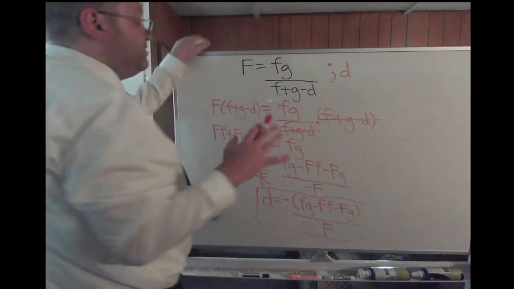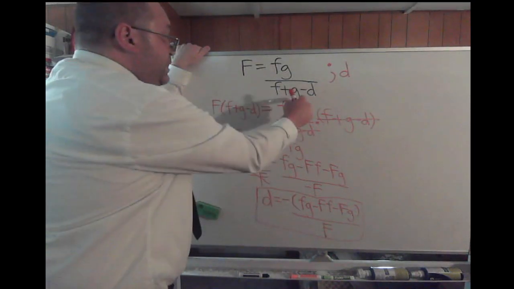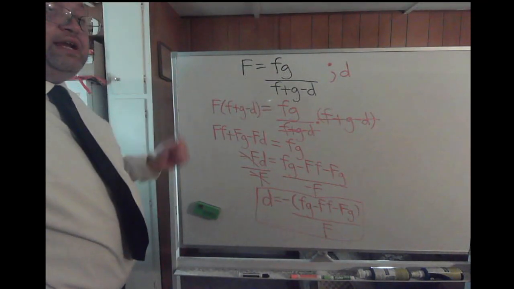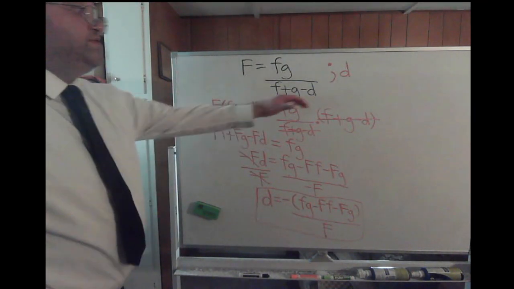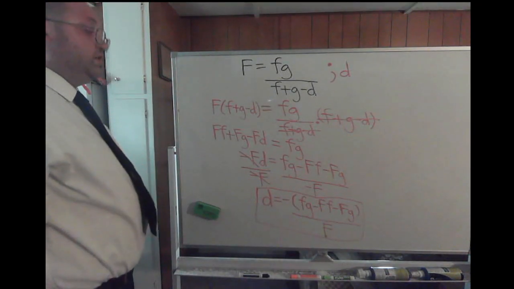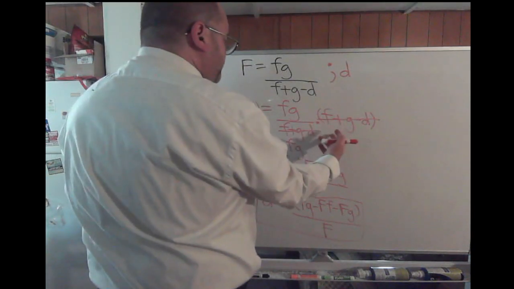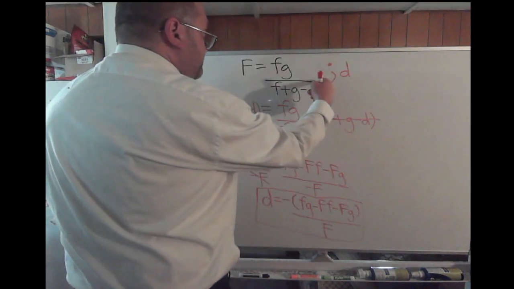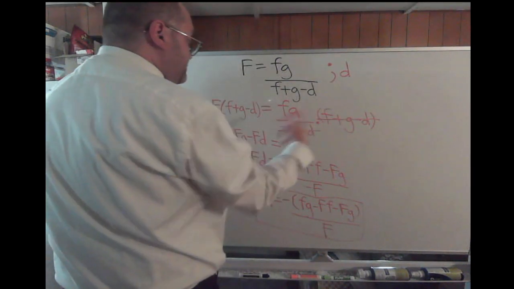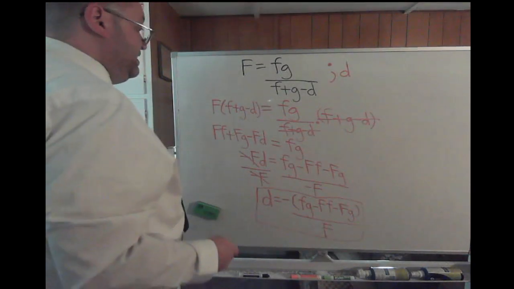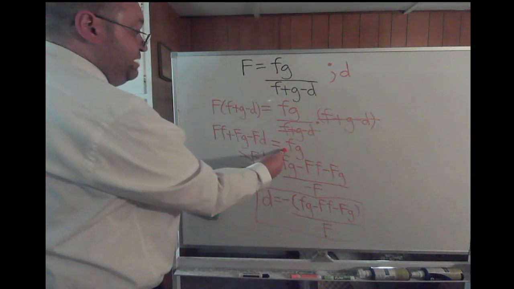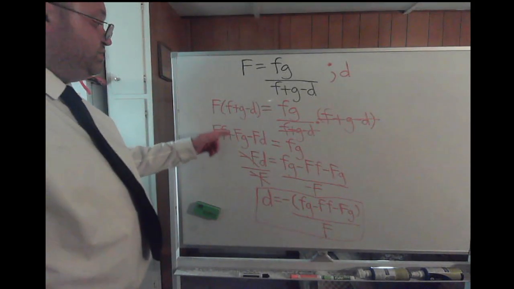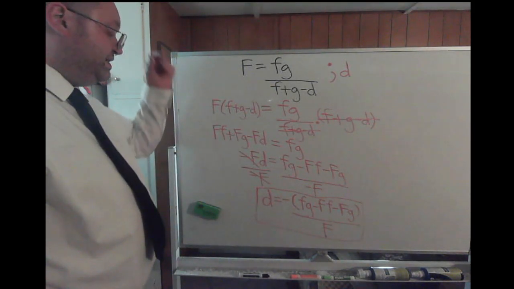So what I did here, I'll break it down. First, get your F plus G minus D out of the denominator. Find a way to get rid of the denominator altogether if you can, especially if your term is in the denominator. You just multiply by the term that's in the denominator, and they'll cancel out. What you do to one side, you do to the other. The right side, I ended up with lowercase fg. I distributed the uppercase F to the terms on the left-hand side.